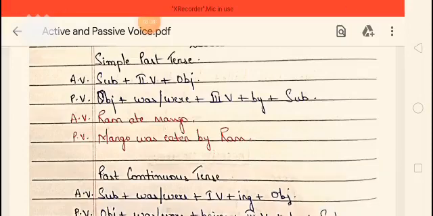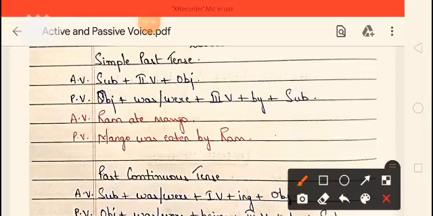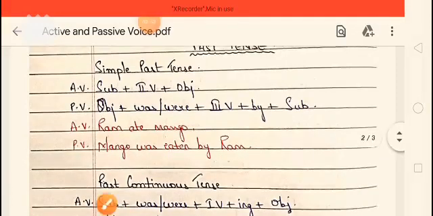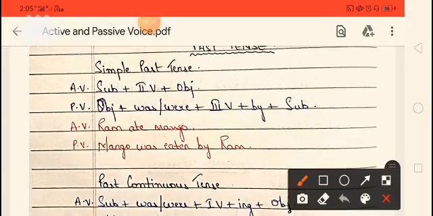Suppose your sentence would be: Did Ram eat mango? So did is the helping verb of simple past tense. Here mango is our what? Object, so it will come in place of subject.